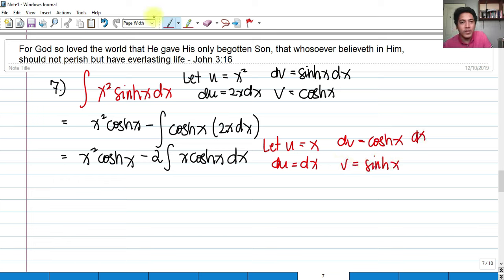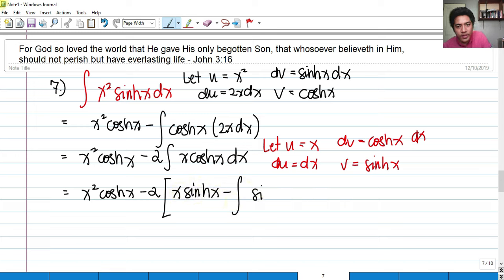So what will happen? Apply again the formula. We have x squared hyperbolic cosine of x minus 2, okay? uv, we have x hyperbolic sine of x, minus the integral of v du, hyperbolic sine of x, our du is dx. So we have x squared hyperbolic cosine of x.